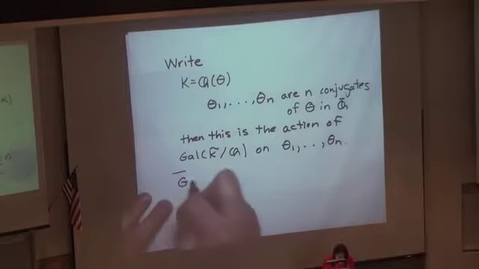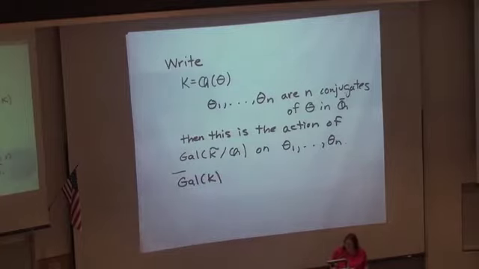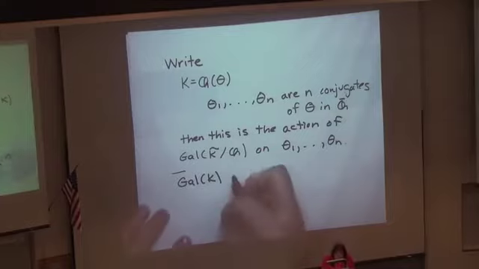So this Gal K, I said it's the image here in Sn, so that's not just a group, but it's a group with an action on n things. So Gal K is a permutation group.